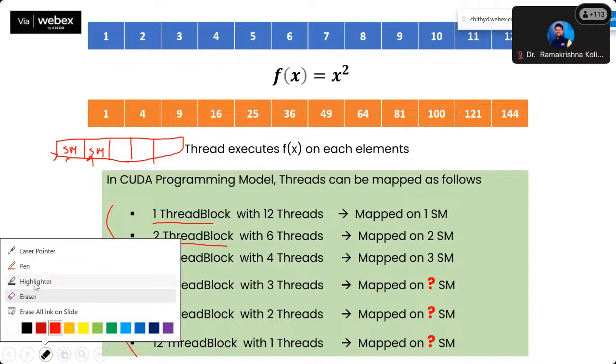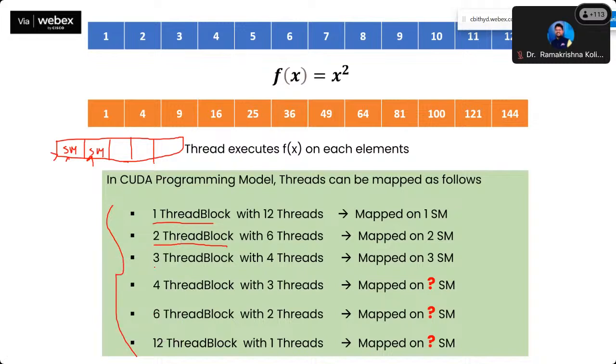Now what I do, I take this combination of 3 blocks. I have taken 3 blocks here, and each block has 4 threads. You can see that I am not changing the thread count because the element count and thread count are equal.